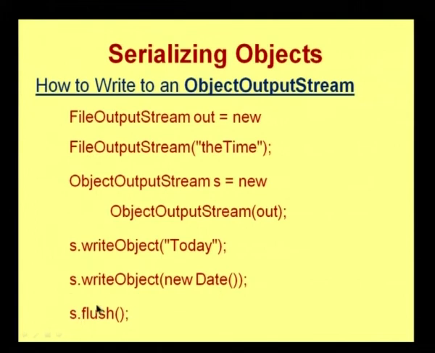So here I create a string object and a date object. I first write the string object inside my stream and then I write my date object inside my stream. So my objects will now be converted into a stream of bytes. First you will have the string, and after that in my stream I have a date object. So these two objects will be written on your output stream.